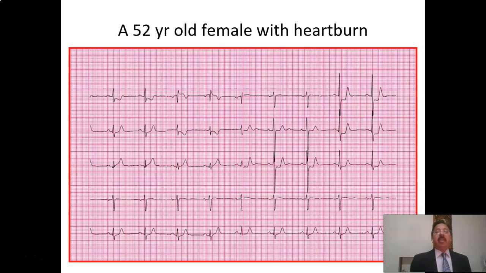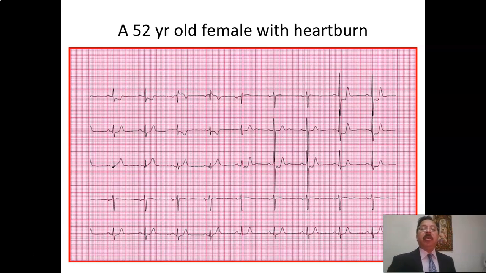So this is a 52-year-old female with heartburn. And if you look at this ECG, there is ST segment depression in lead I, aVL and in V3, V4, V5, and V6. So this looks like ischemia.